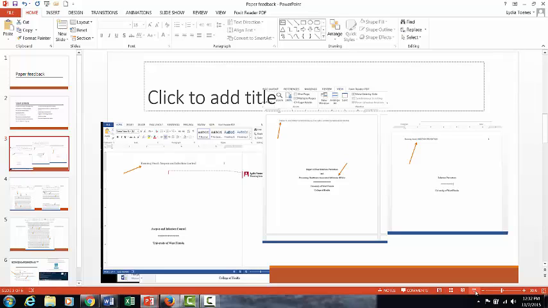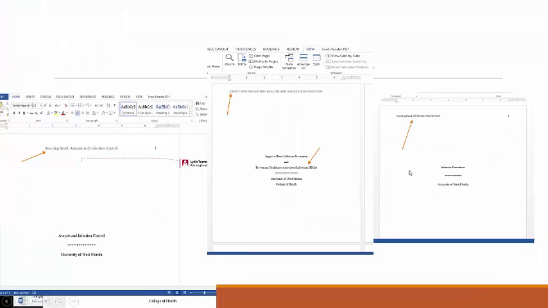Okay, these are some different examples of the variations and errors in the title pages and the headers up there. Officially, you should start like this: running head, infection prevention. This student bolded it. It should not be bold.